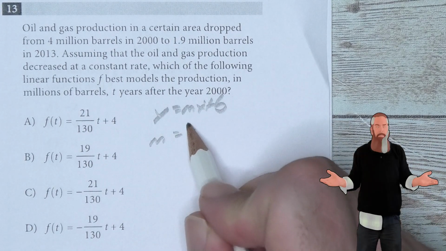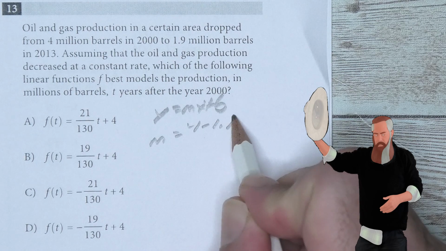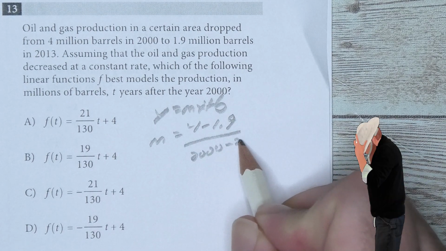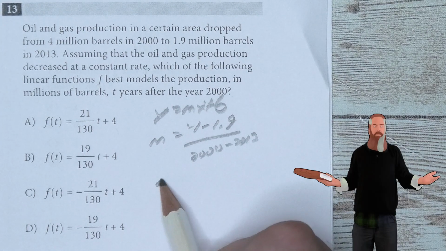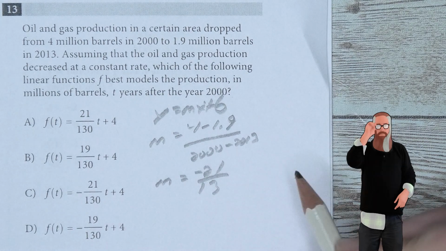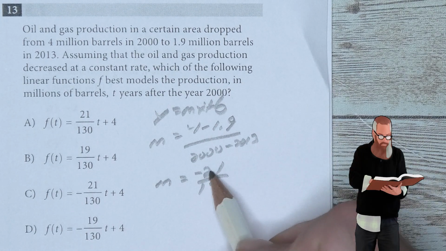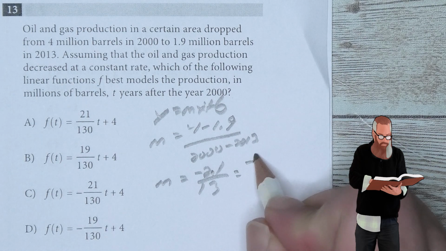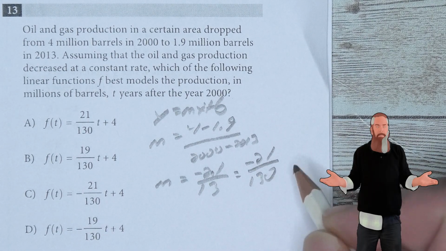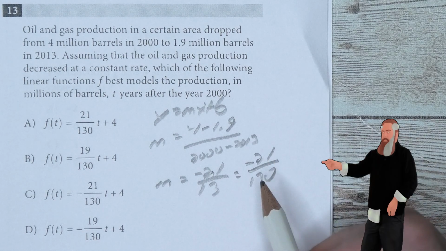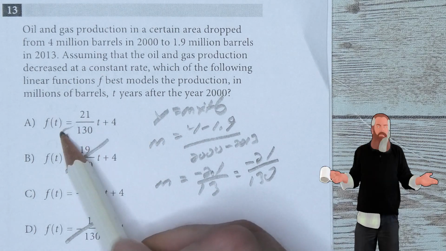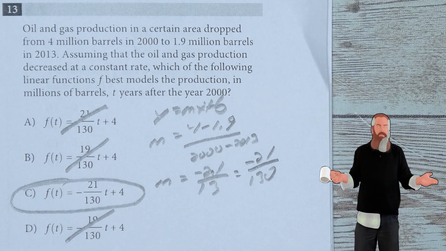And m would be (4 - 1.9) divided by (2000 - 2013), which means m is negative 2.1 over 13. Now, let's simplify this and actually call it negative 21 over 130 so that we don't have decimals. So I need a slope of negative 21 over 130. And we can say not it, not it, not it, must be the answer, C.